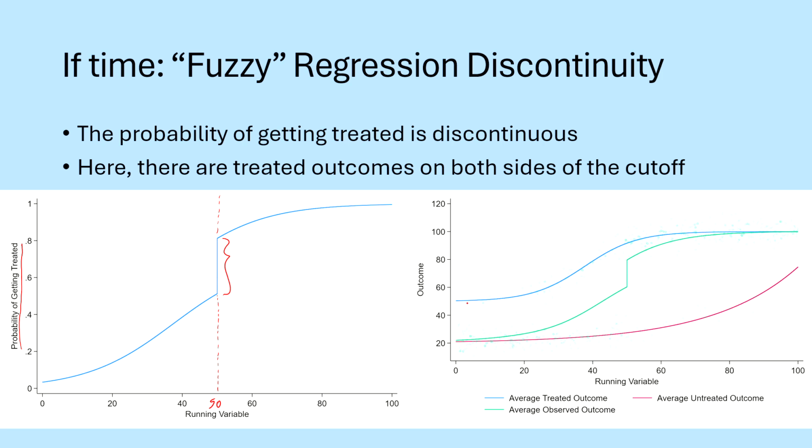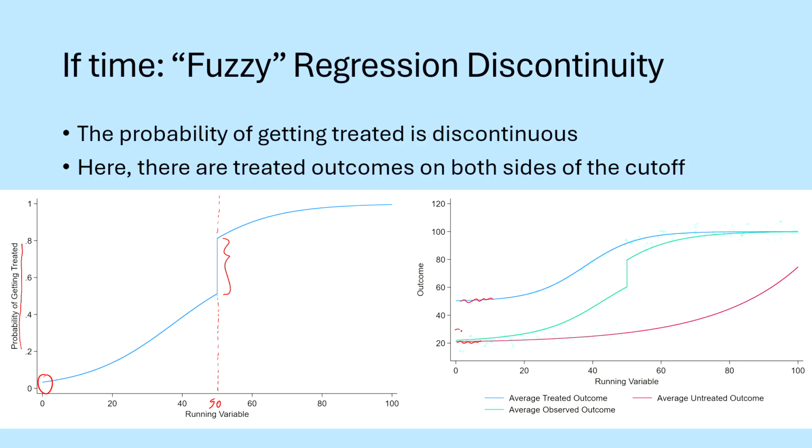Well, imagine over here that the blue line gives us the treated outcomes, and the red line gives us the untreated outcomes. And then imagine that all these green dots are individual data points that we see in the real world. So down here, where the running variable is close to 0, the probability of being treated is quite low.